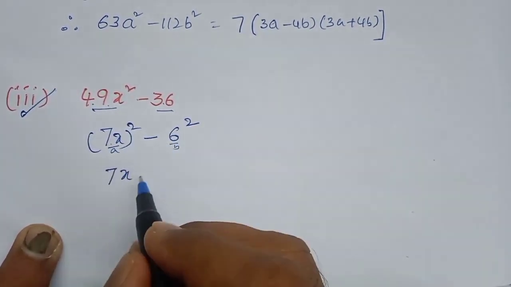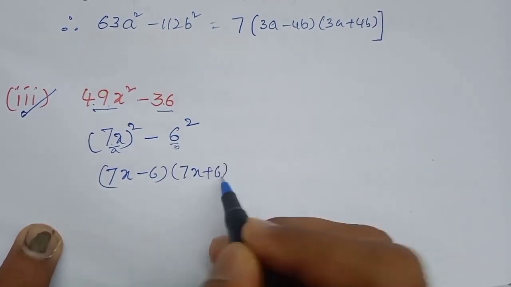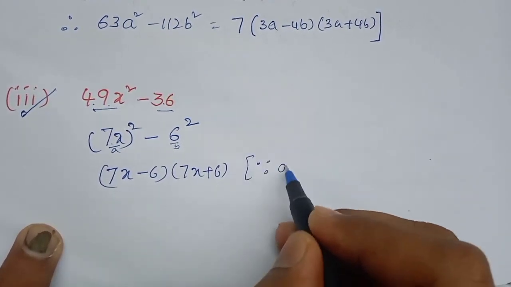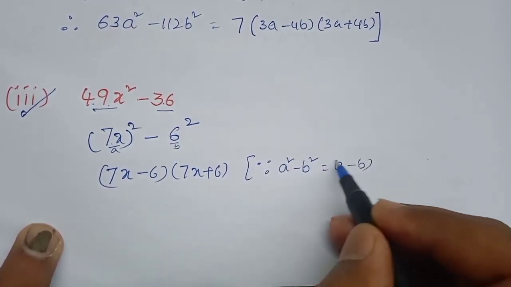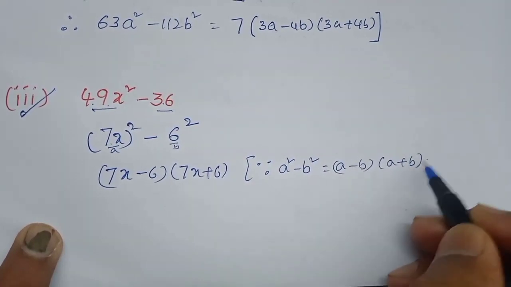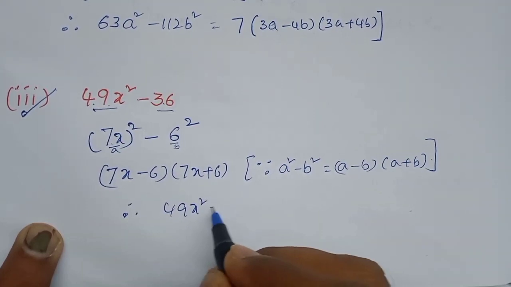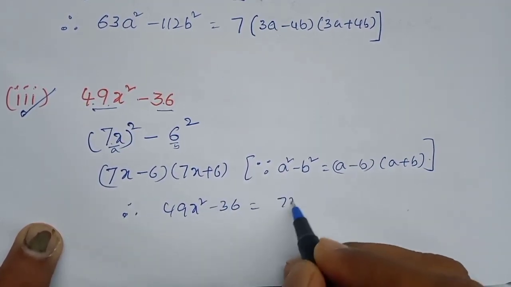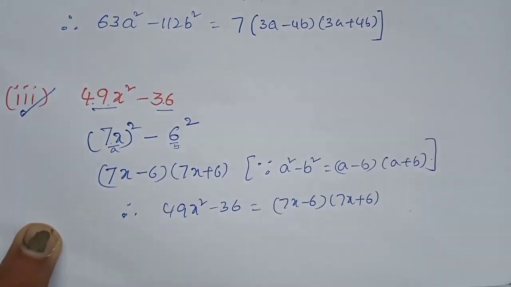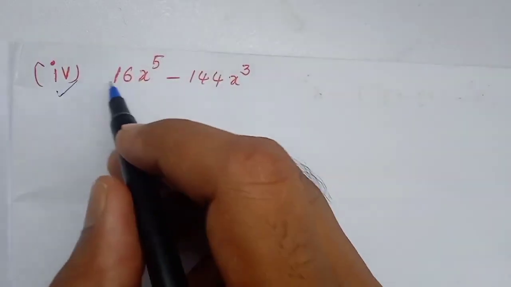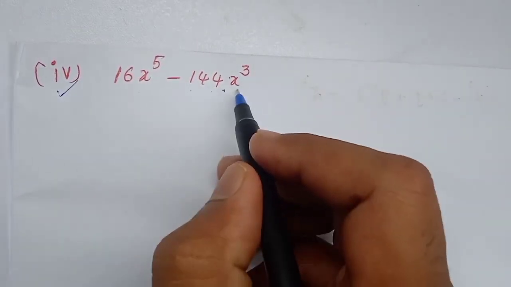So 7x minus 6 into 7x plus 6, because a square minus b square is equal to a minus b into a plus b. Therefore 49x square minus 36 is equal to 7x minus 6 into 7x plus 6. Now see the fourth one, 16x to the power of 5 minus 144x cube.